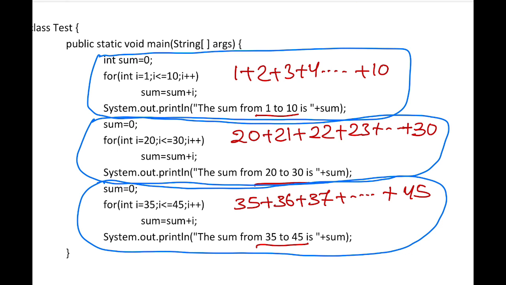So here you can observe, except this starting value of i and ending value of i, the rest of the part of the code is same. Here the starting value is 20 and ending value is 30, here 1, 10 and 35, 45.